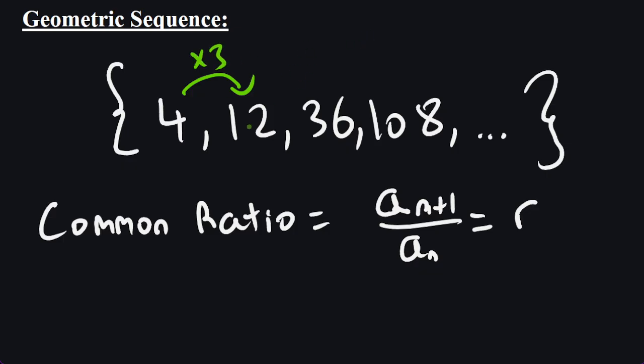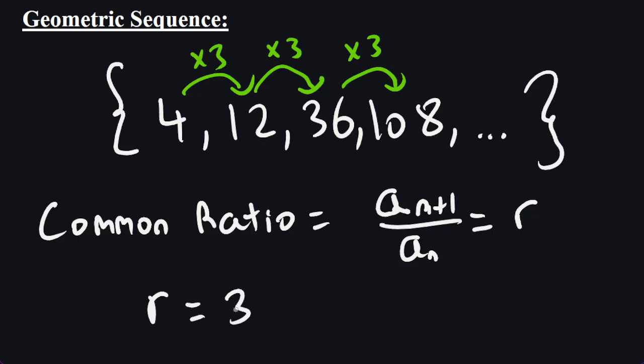And we know that's times 3 because if I take 12 divided by 4, that gives me 3. Good. What about the next one? 36 divided by 12. That's also times 3. What about the next pair? 108 divided by 36. That's also times 3. So we can see right here that the common ratio, which we'll label as R, is 3.